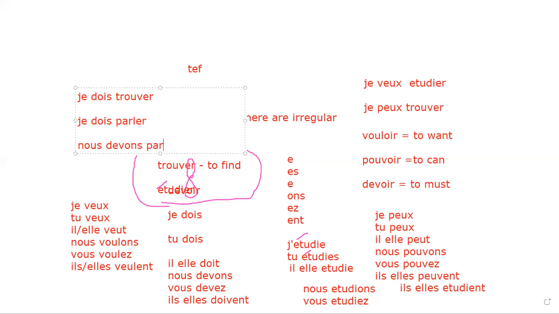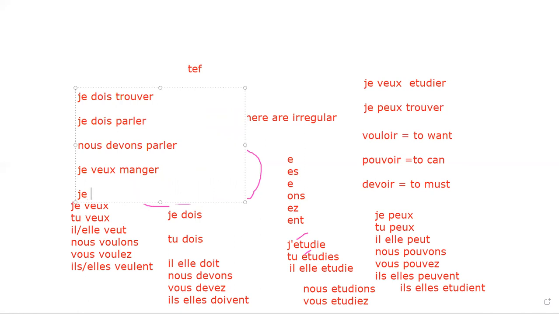I want to eat: je veux manger. It means, team, if you know a few verbs which you use in your daily routine, you can make the sentence. You say, I can go: je peux aller. Aller is my verb.